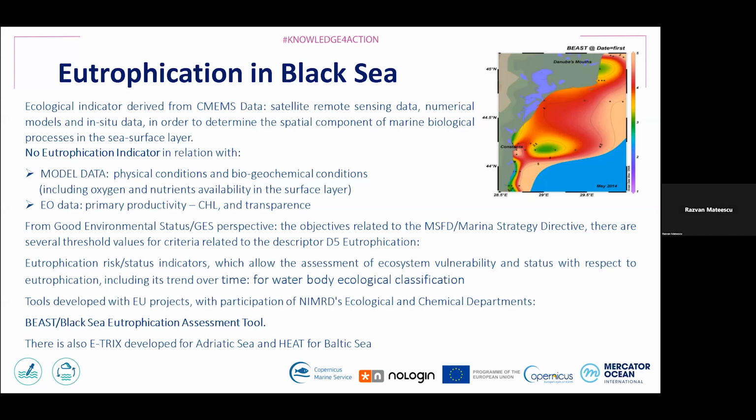For this eutrophication study, you may select data from models and from Earth observation also. Based on this, you can approach the criteria related to Descriptor 5 of the Marine Strategy Directive.